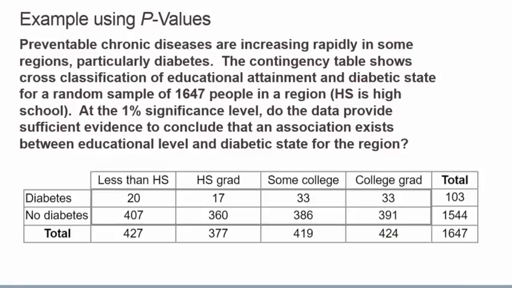The total for diabetes is 103, and no diabetes is 1,544. 103 plus 1,544 equals our sample size of 1,647. The total for our columns, 427 plus 377 plus 419 plus 424, is also the sample size, 1,647.